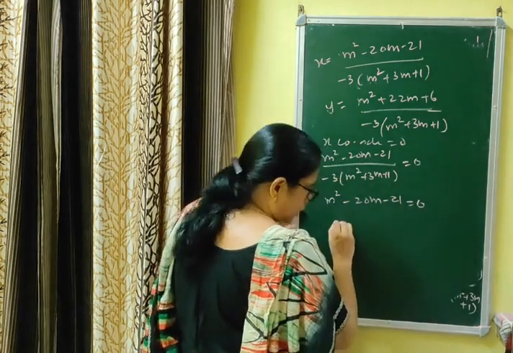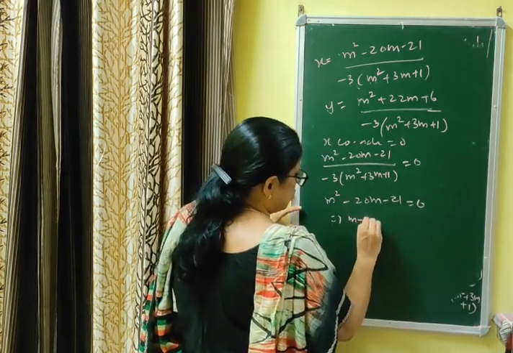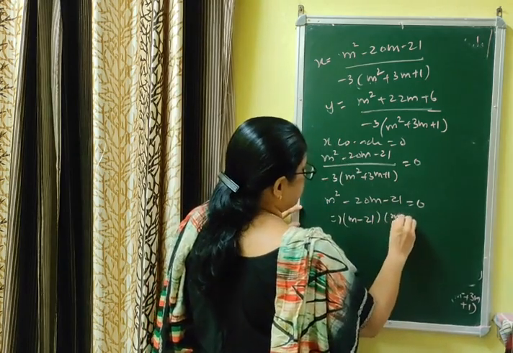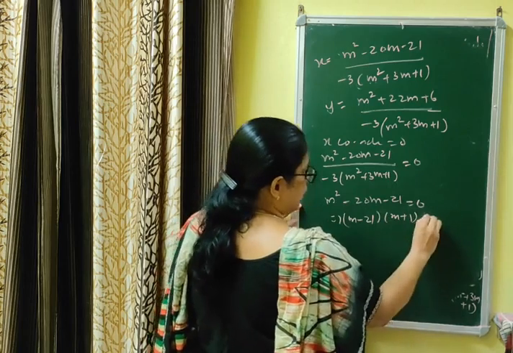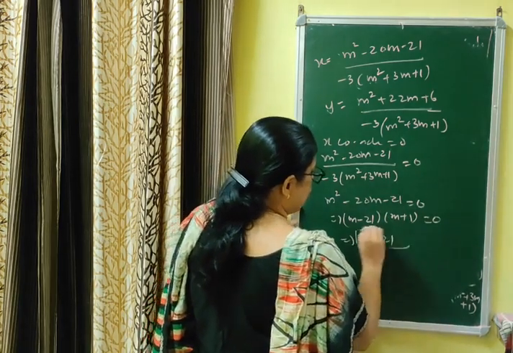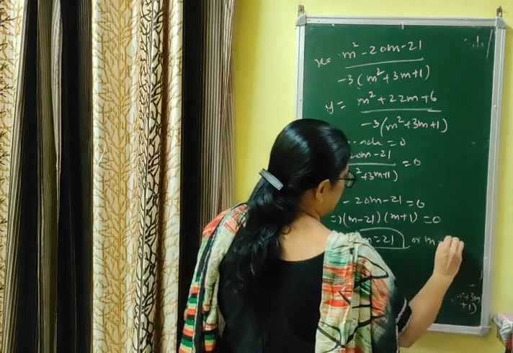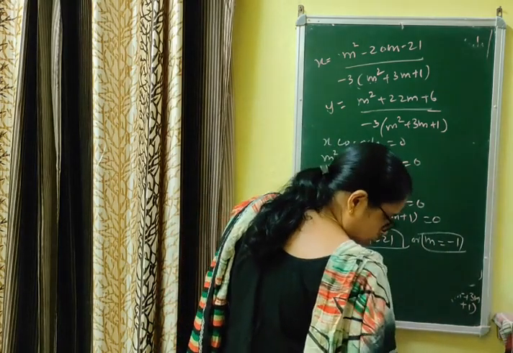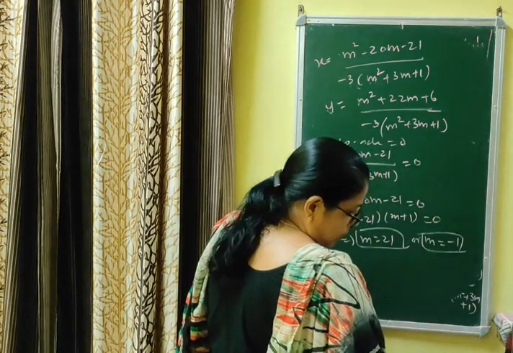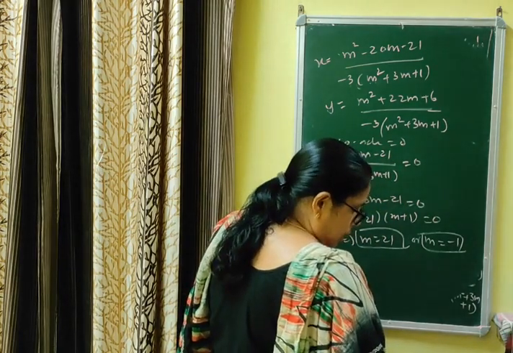By splitting the middle term you get (m minus 21) into (m plus 1) equal to 0, which implies m equal to 21 or m equal to minus 1. Those are the values of m if the two given lines intersect at a point on the y axis.